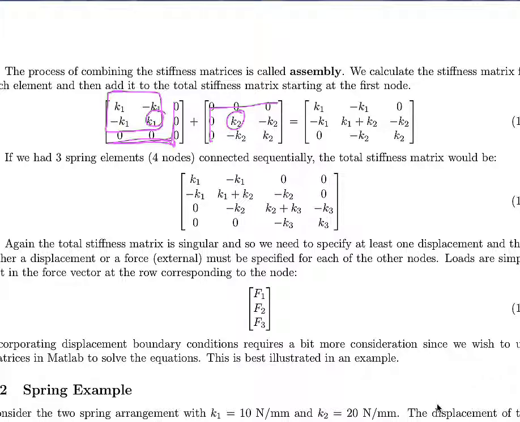If we have 3 nodes, now we got the idea. If we have three elements, which is 4 nodes, it will be 4 by 4. Again, you get another corner here, and you just do the overlap. So let's now study a spring example.